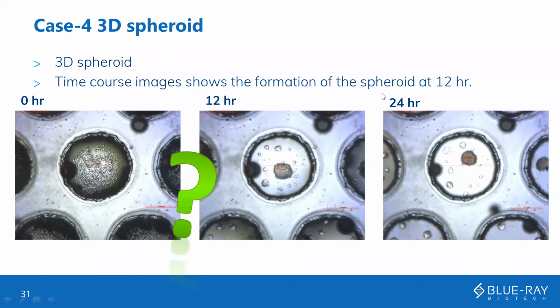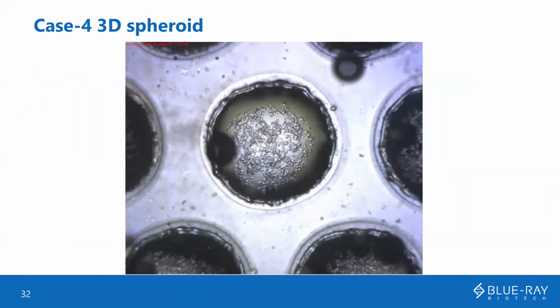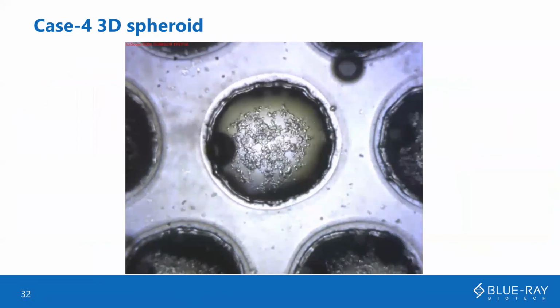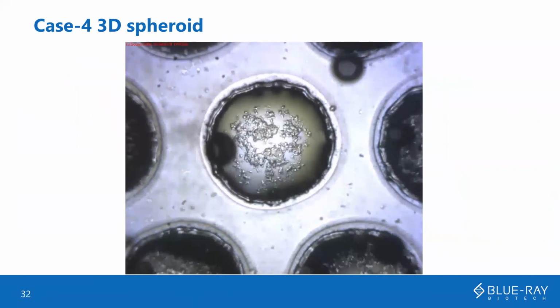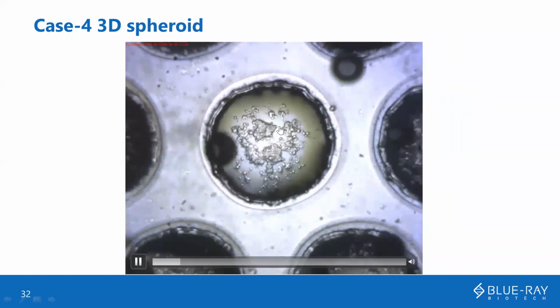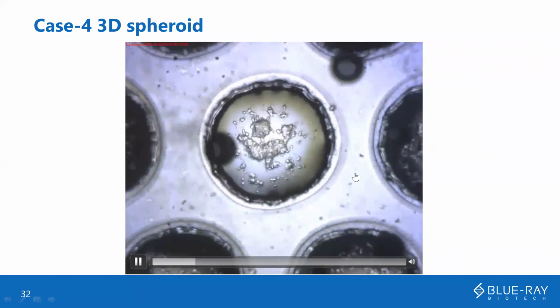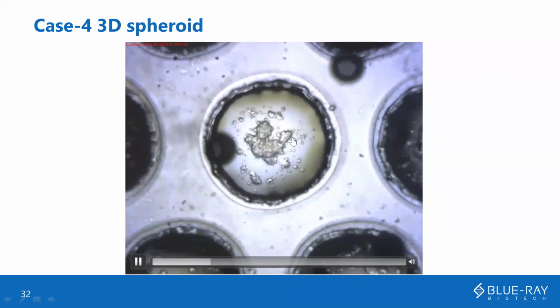Okay, so if you use a live cell imaging system with time-lapse capturing function, you can go back to this moment, and you can even convert it into an intuitive video. You can see there's a small cluster and then it merges into one big sphere.